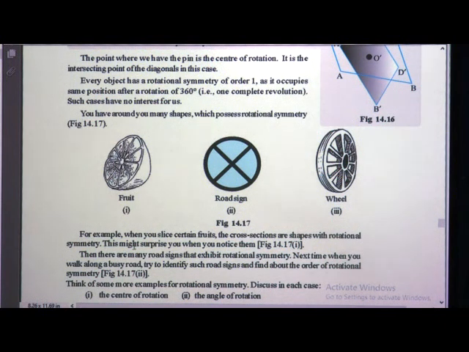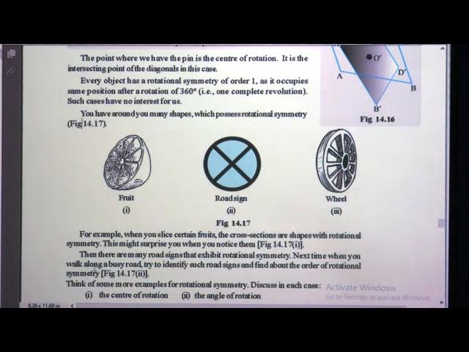For example, when you slice certain fruits, the cross sections are shapes with rotational symmetry. This might surprise you when you notice them. Every time we eat a sweet lime or an orange, we have never noticed this. If you notice it now, you will be surprised because you will relate it with your studies.